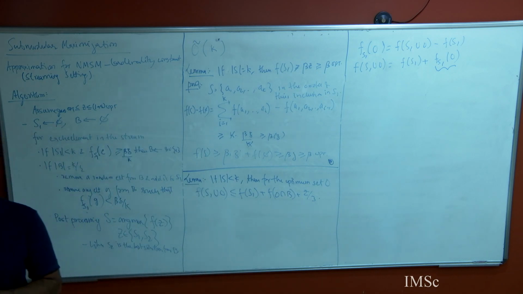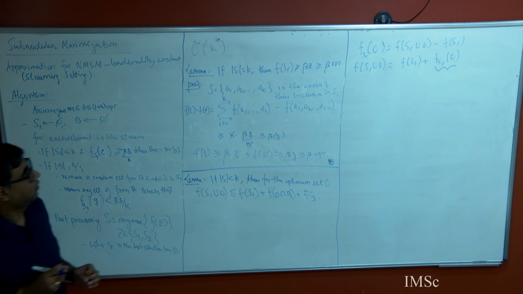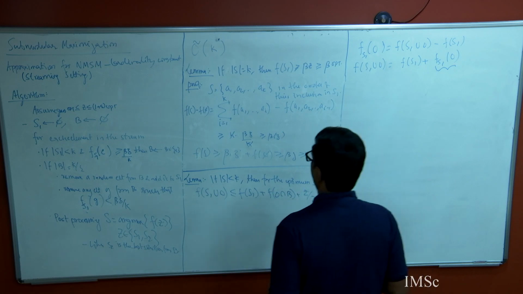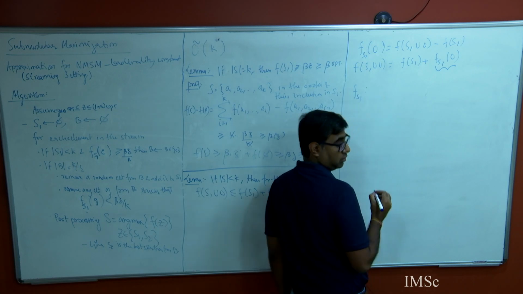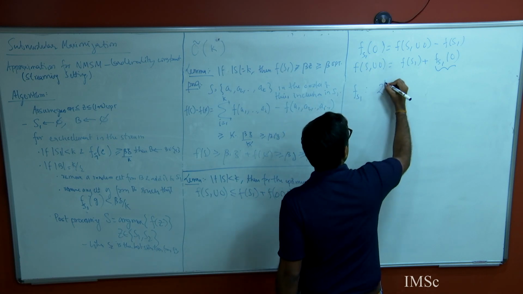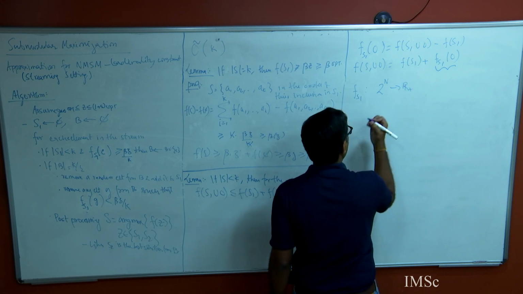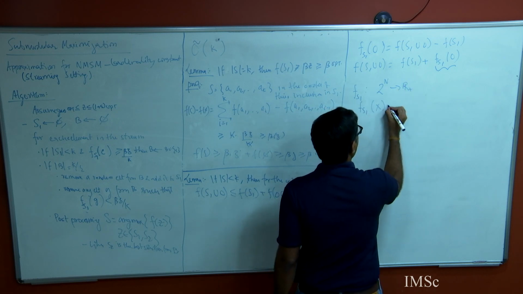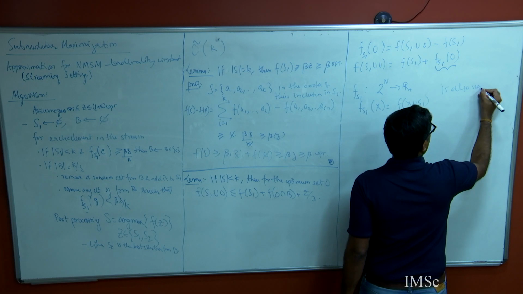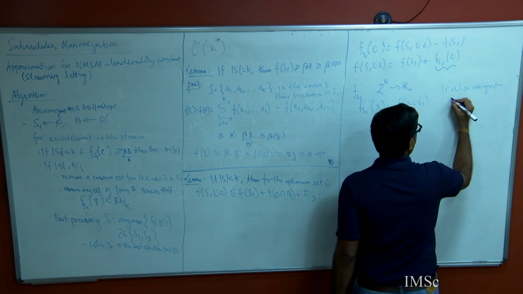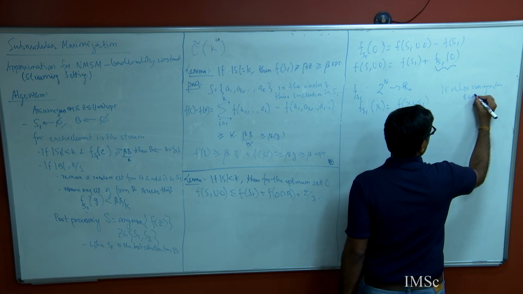This function f of S1, which I defined from 2 to the power n to R positive, is f of S1 of x equals f of x union S1, and it is also a non-negative submodular function.